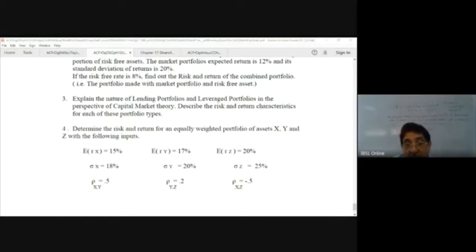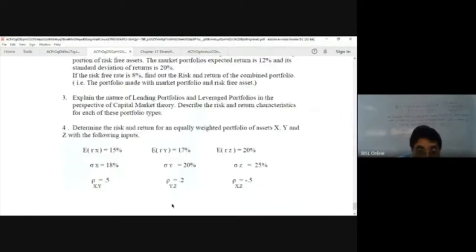17.39. Can you try it again? Others also can try. Now you have the returns 15%, 17%, 20%.